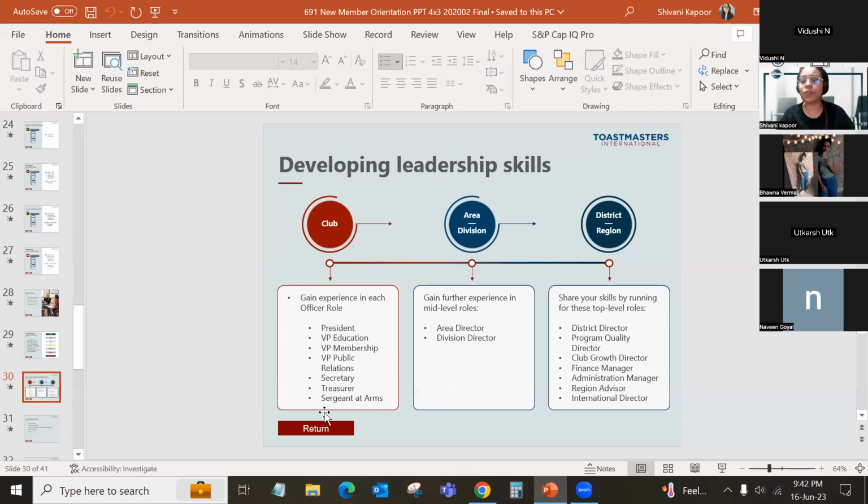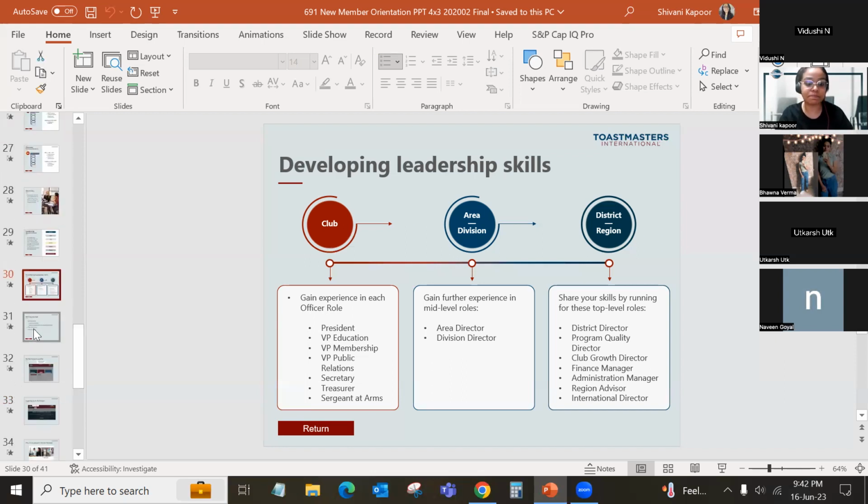But if you understand the role well, if you have any questions, you can reach out to me, and if you are really interested, definitely take up the role, but only when you have the time that is required for that role. So that's that. Any questions?